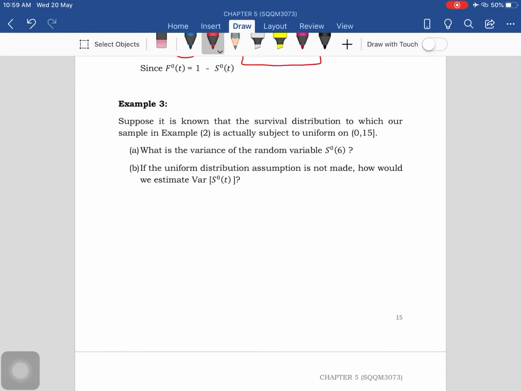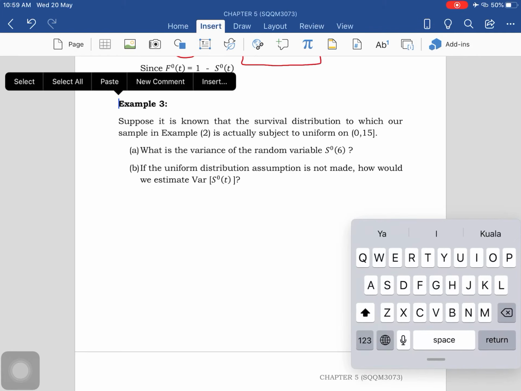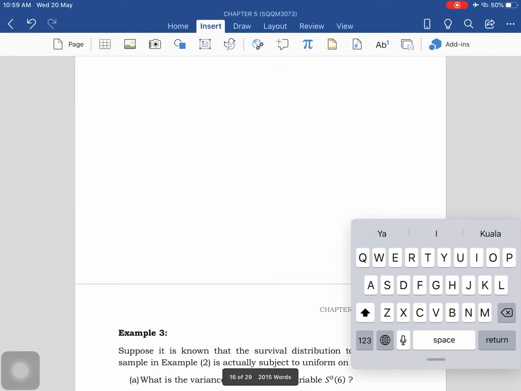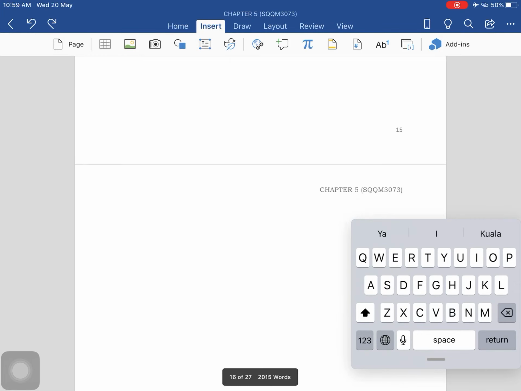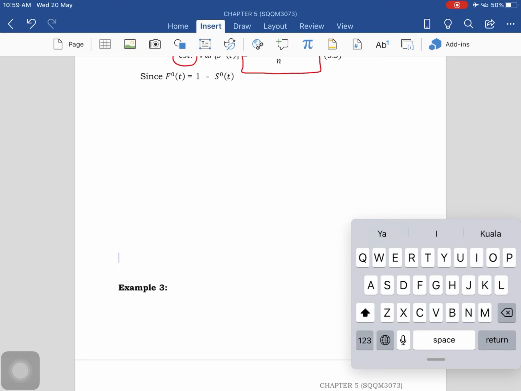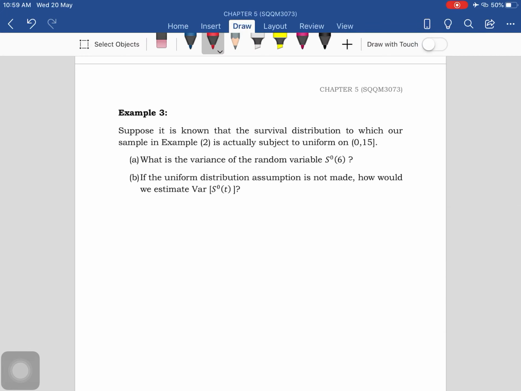So we try example 3. Example 3 says: suppose it is known that the survival distribution to which our example 2 is subject is uniform on (0, 15).